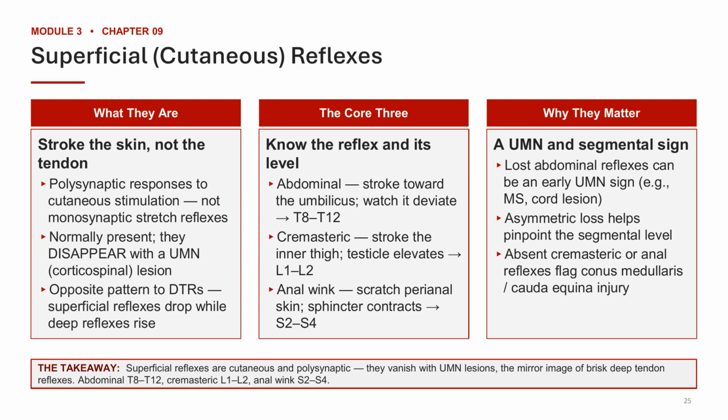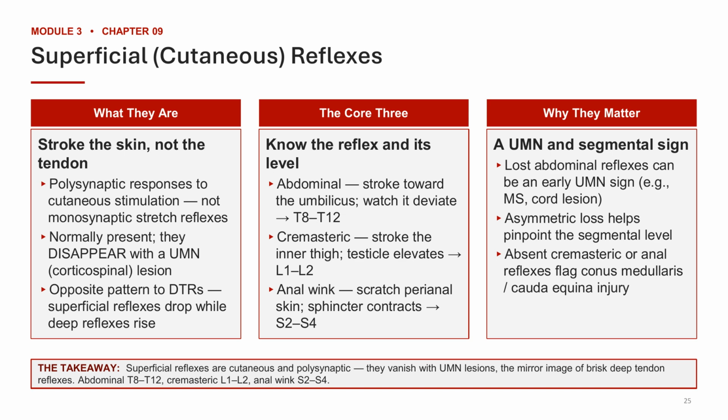Know the core three with their levels. The abdominal reflex. Stroke the abdomen toward the umbilicus and watch it deviate toward the stimulus. T8 through T12. The cremasteric. Stroke the inner thigh and the testicle elevates. L1 to L2. The anal wink. Scratch the perianal skin and the sphincter contracts. S2 to S4.